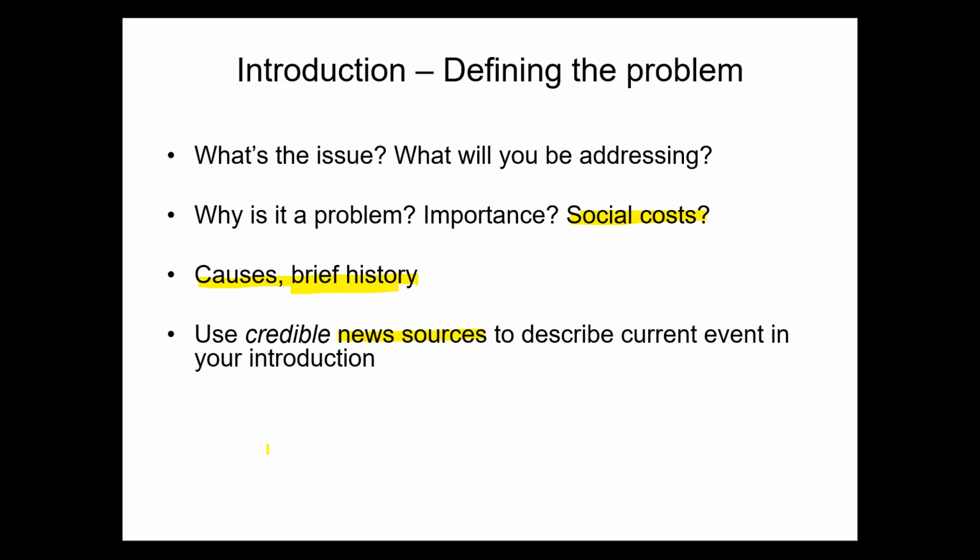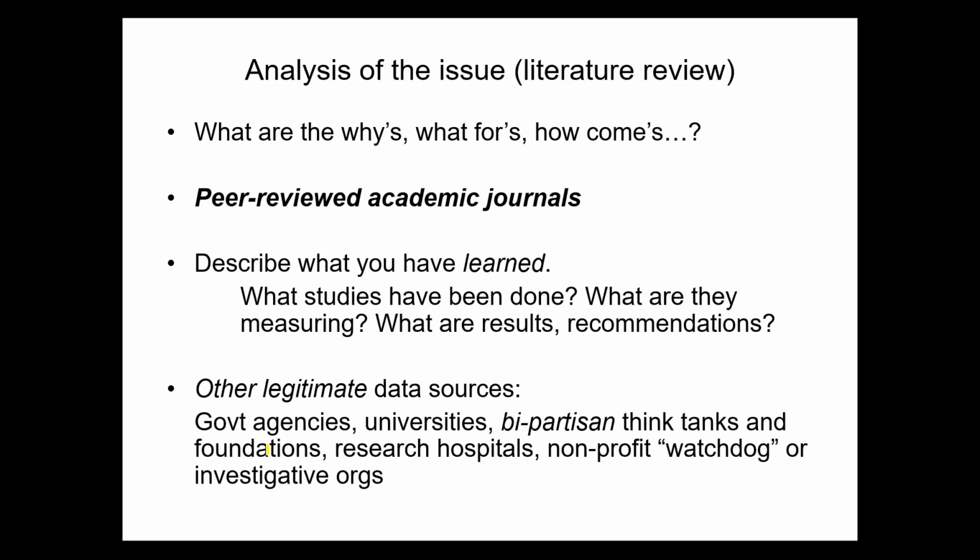You want to blend those with your peer-reviewed academic journals to make it an interesting, informative paper. That's the bottom line. You want to make it interesting and informative. You don't want to just talk about stuff and tell me what you think about stuff. You want to describe what you've learned in an interesting and informative manner.